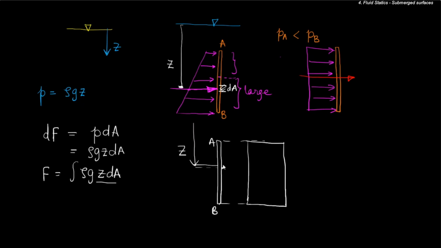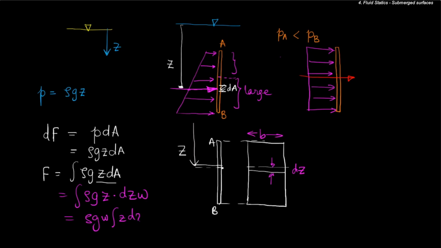then this thickness, this projected area, will be equal to the breadth of the object multiplied by dz. So this will be the integral of rho g z times dz times the width, and so it is rho g w integral z dz.